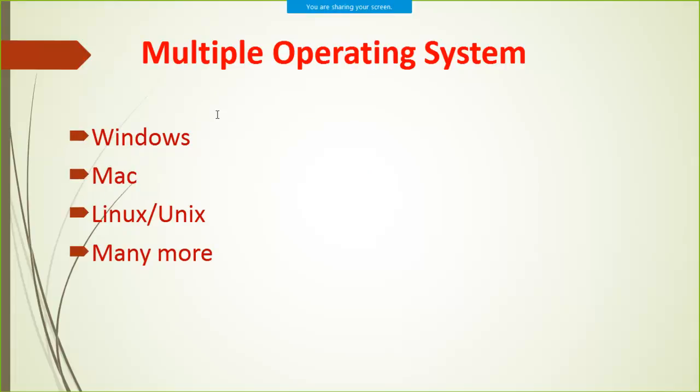That is, you can make Selenium work on Windows, you can make it work on Mac, you can make it work on Linux or Unix and many more. So this makes it a very powerful tool, and that is why the demand for Selenium is increasing day by day, because it works on multiple browsers and multiple operating systems as well.